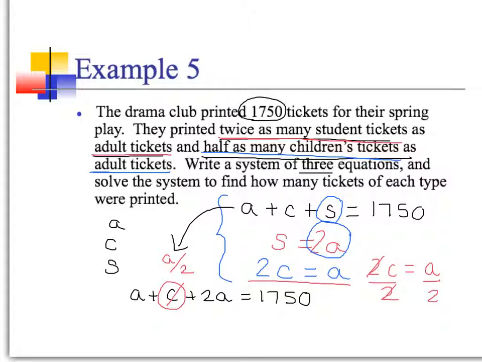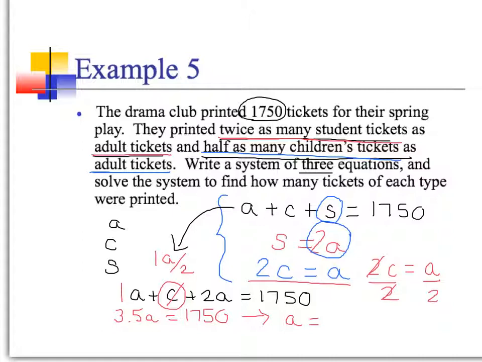So what I basically have here is 1A plus 1/2 A plus 2A. And those clearly add up to 3.5 A. So I have 3.5 A is equal to 1,750. To get A alone, of course, I'm going to need to divide by 3.5 on both sides.